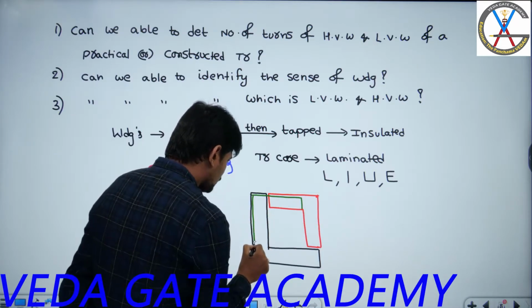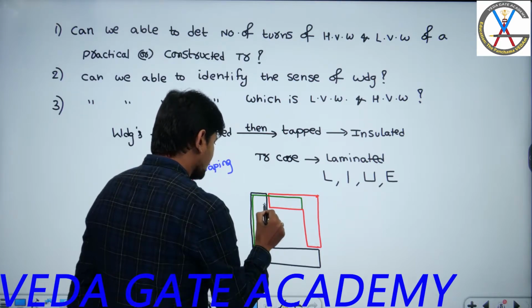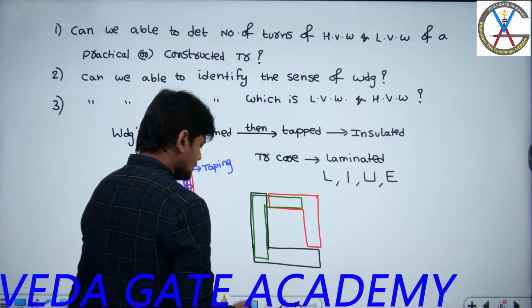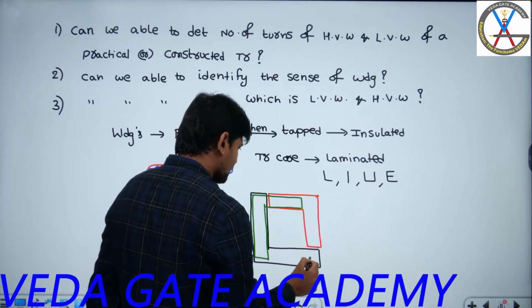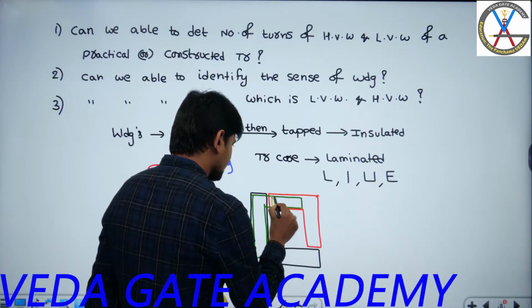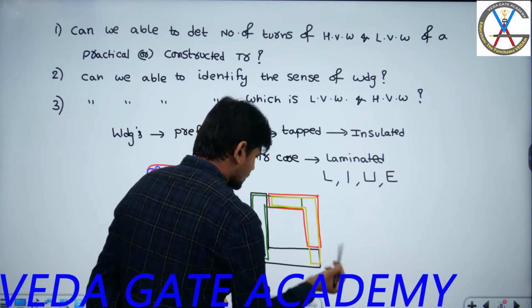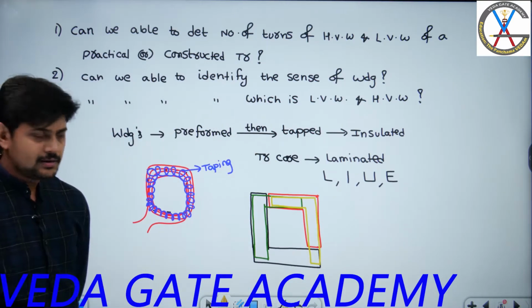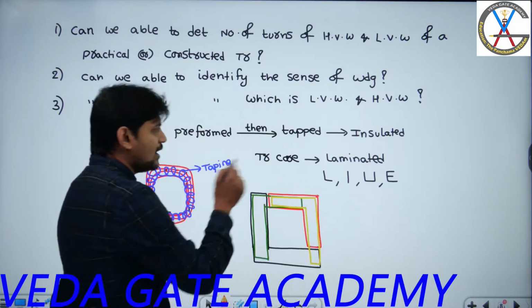Similarly, I am going to use one more magnetic plate here, and one more. So this is the way we are going to design the laminated core.